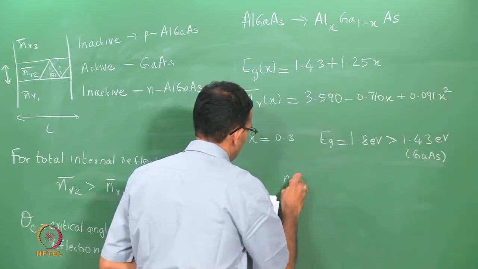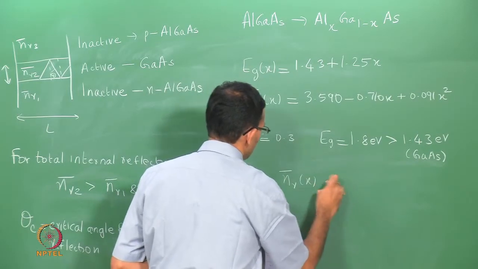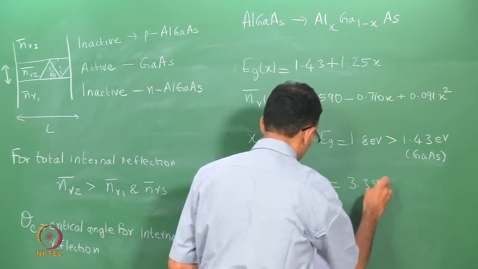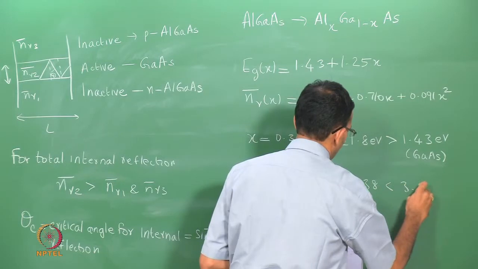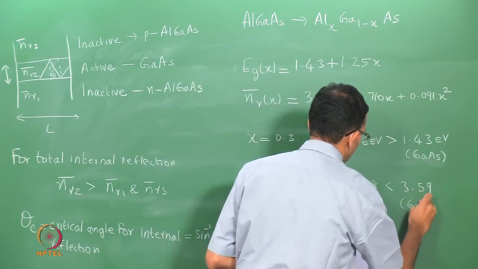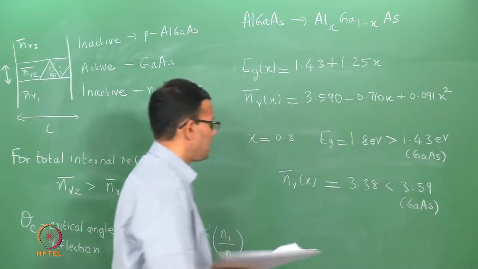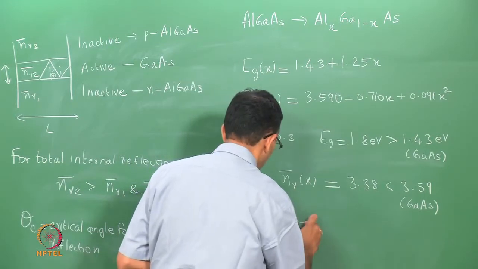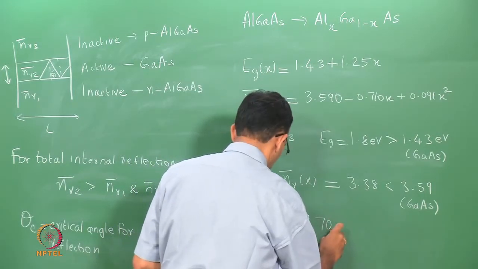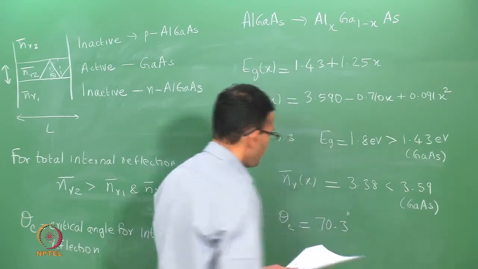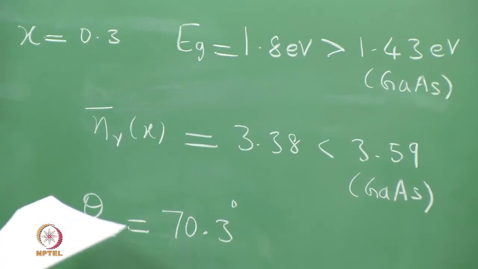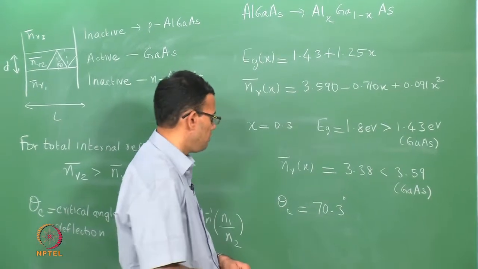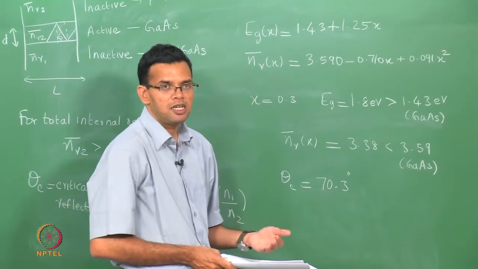Similarly, you can calculate the refractive index for x equal to 0.3, which is 3.38, which is less than 3.59, which is the value of gallium arsenide. So, we can calculate the critical angle for total internal reflection. So, theta c comes out to be 70.3 degrees. If your incident radiation has angle greater than theta c, then we will have total internal reflection. If it is less than theta c, it will be partially reflective.